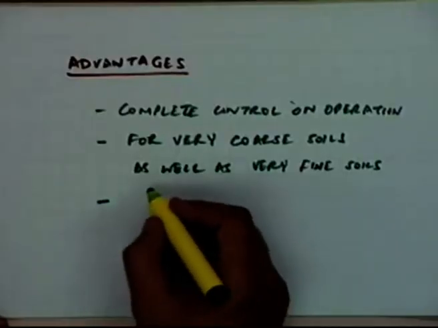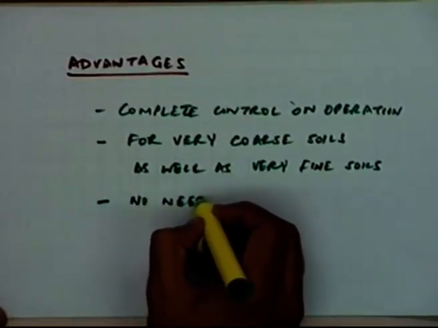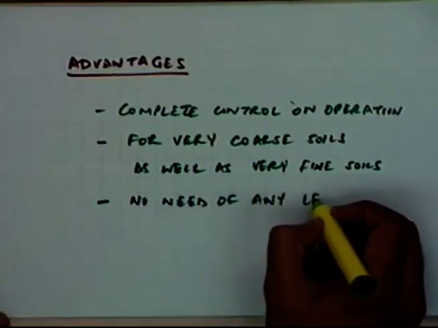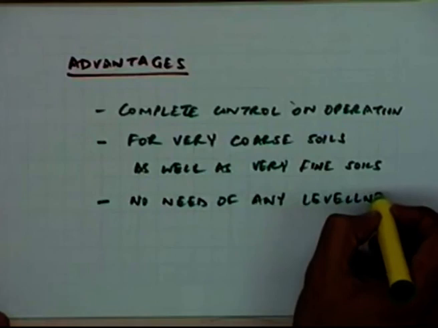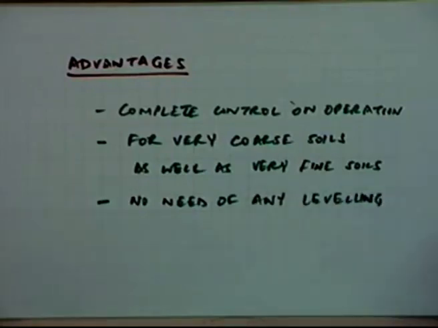Then in this case, you have no need of any leveling. So for land leveling, you can use this method for undulating areas where no other surface irrigation method is possible or useful.